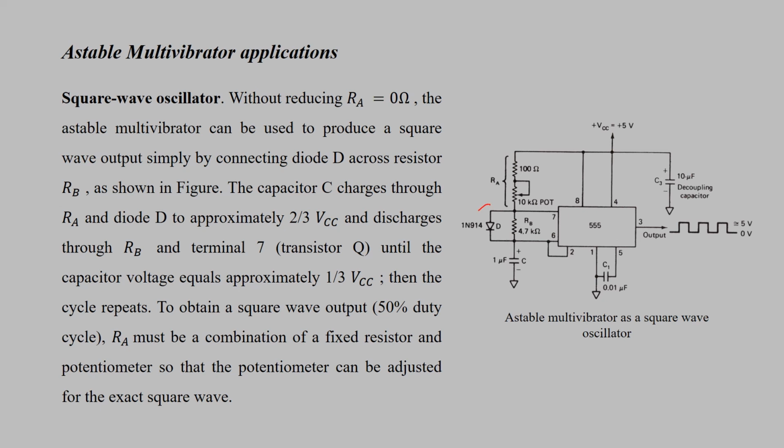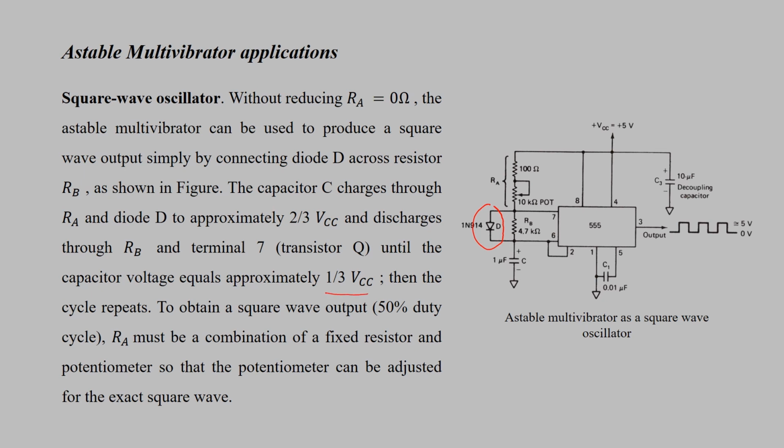The capacitor charges through Ra and the diode to approximately 2/3 VCC and discharges through Rb and terminal 7 until the capacitor voltage approximately reaches 1/3 VCC, and then the cycle repeats.